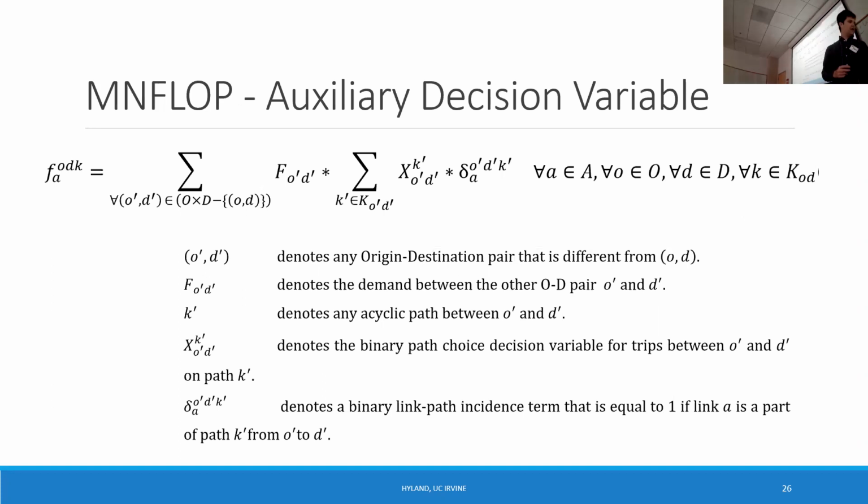Okay, but we have a lot hiding behind this FAODK variable. It's actually an auxiliary decision variable. We have to decide these values in the problem. And the way this is defined is as follows. So we want to look at every origin and destination pair besides our origin destination pair of interest right now.